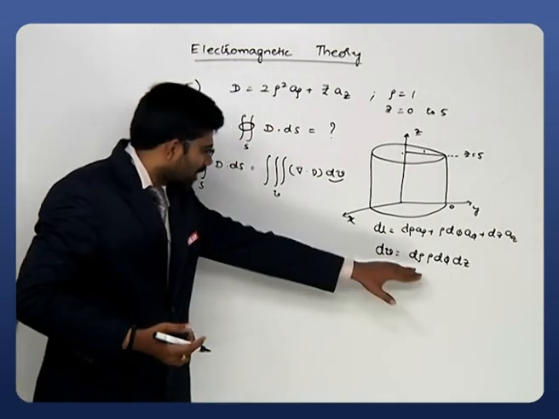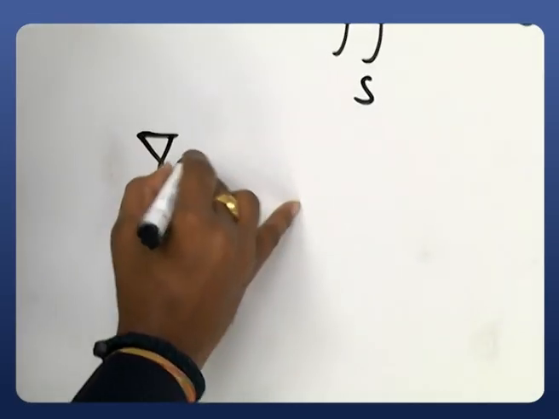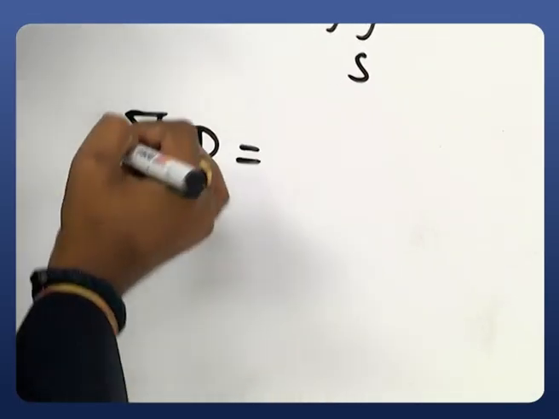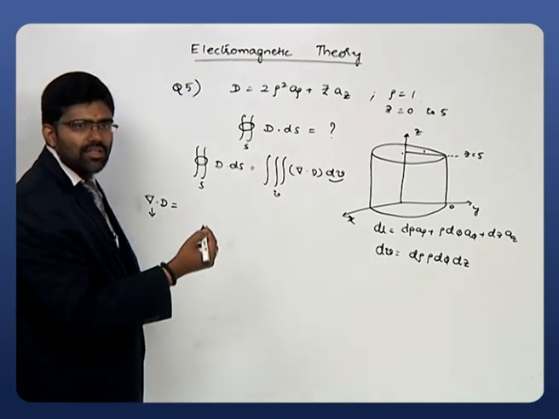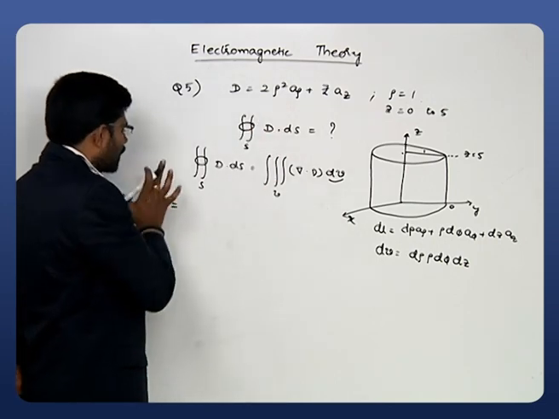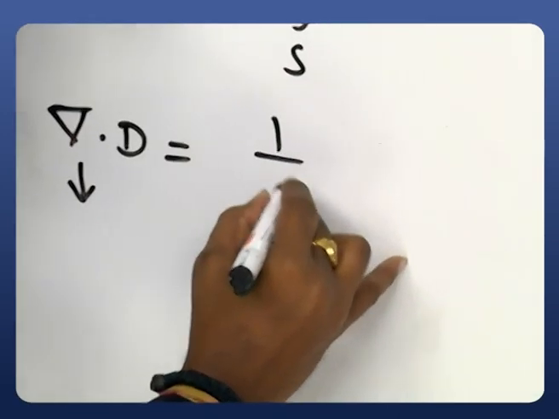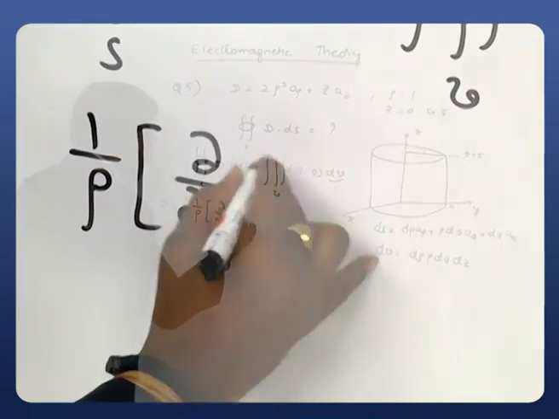So keep this aside. Now come to the divergence of D. Del dot D I want. So this del operator will be taken in our cylindrical coordinate system. In the cylindrical coordinate system, consider the del operator and apply it here; then we get del dot D. In cylindrical coordinates, the first term is 1 by rho, dou by dou rho of rho A rho.